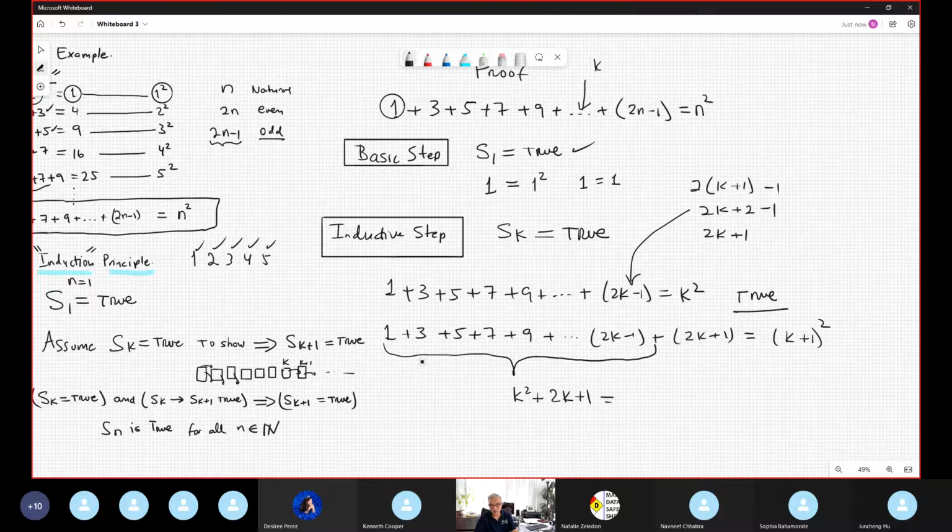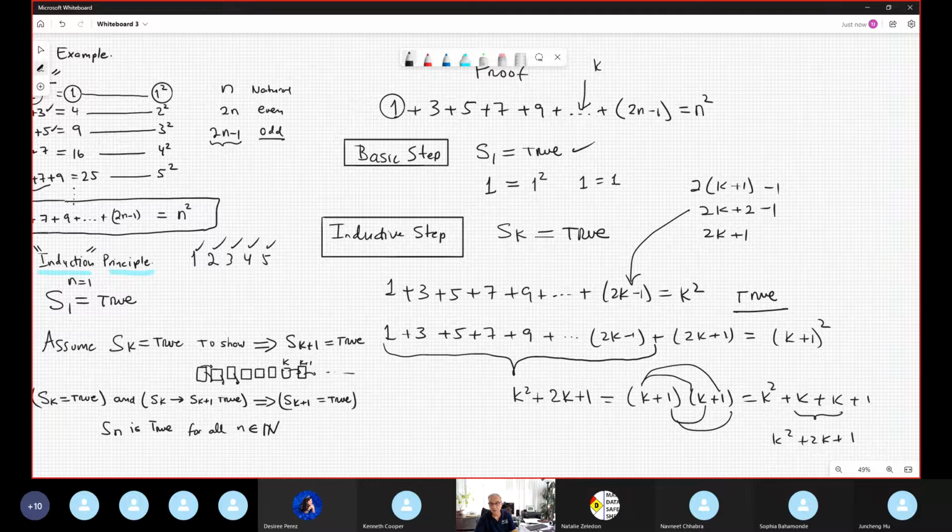And you FOIL this, k plus 1 times itself is k squared plus 1k plus another k plus 1. And when you combine that term, this is k squared plus 2k plus 1. And this expression is twin brothers with this expression. The infinity proof. Cool? Cool?